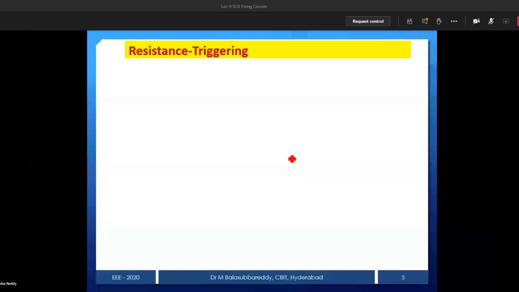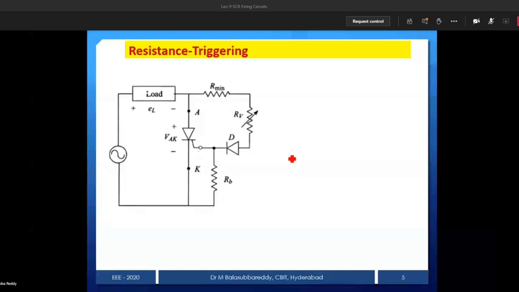R triggering. What is the observation here? Our aim is to fire the device. Which device? The thyristor. So all the other components are used to fire the thyristor. When do we have to fire the thyristor? That is the next question. It depends on our requirement; I want to pass a firing pulse. That is the only intention here.